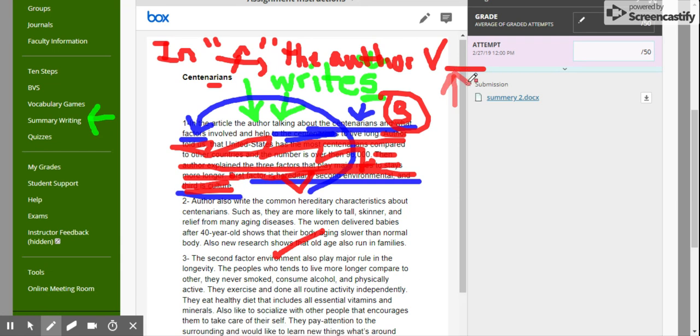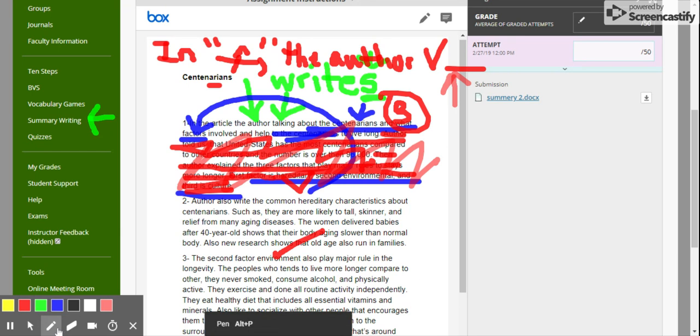But so right here, you can put the author writes, the author explains, the author discusses 3 factors that allow people to live to be 100 or allow centenarians to live as long as they do, something like that. So all in that first sentence is the main idea. You don't need a whole paragraph for that. Does that make sense? Okay, trying to save you some effort. All right, and cut out repetition.